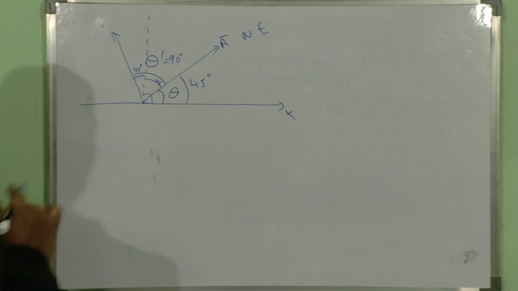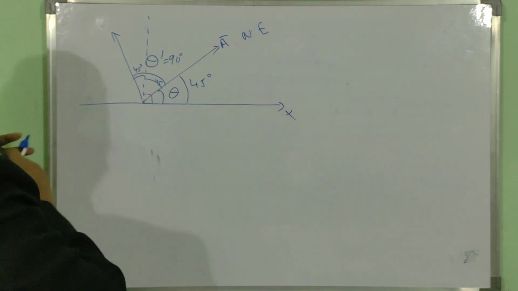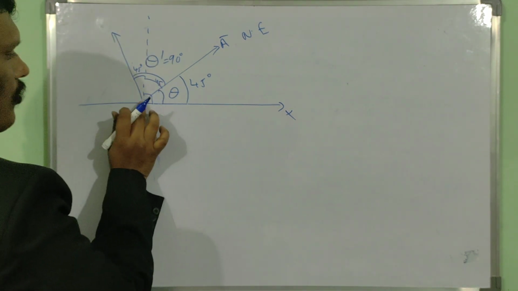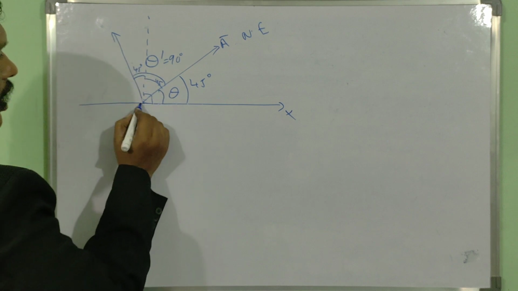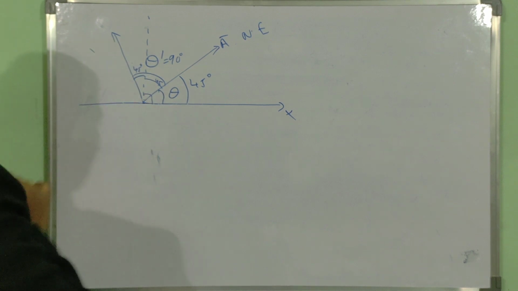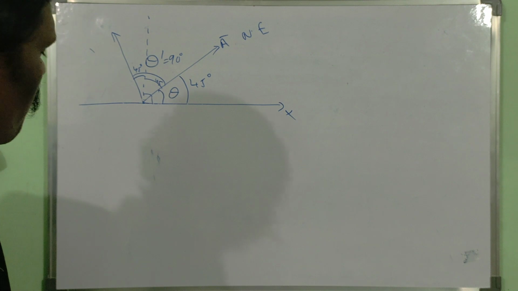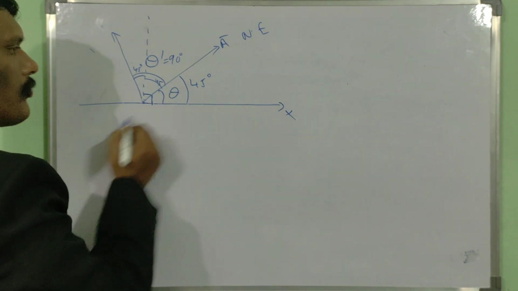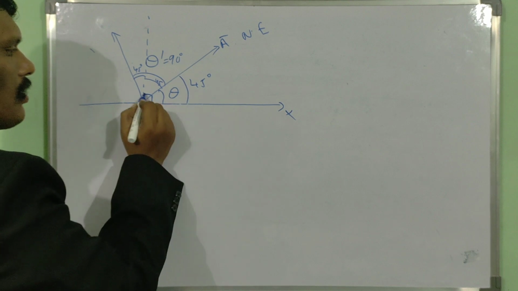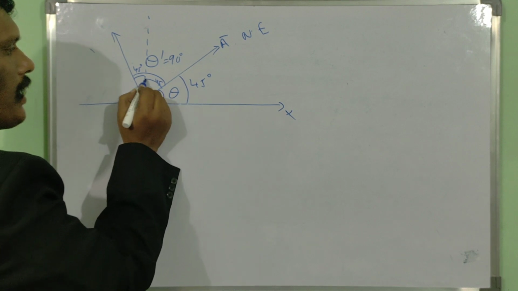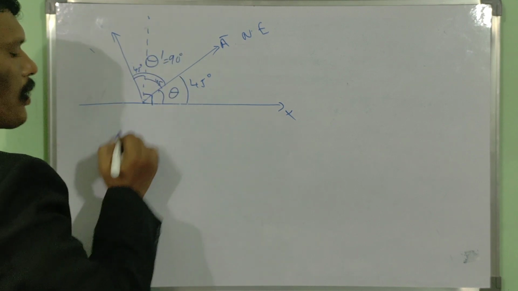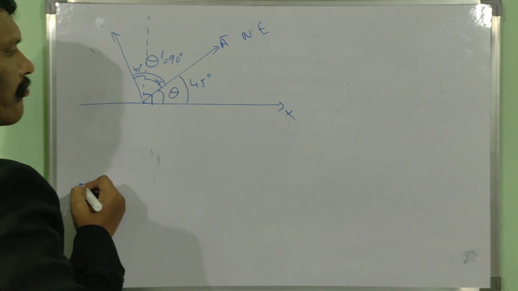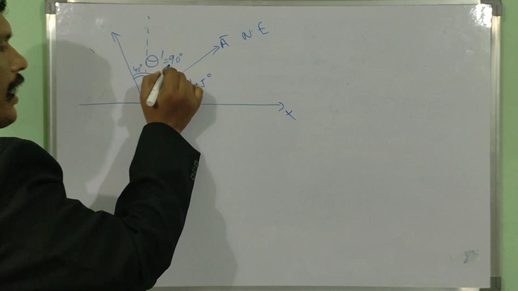If you want, you can increase the angle somewhat in the arrow for clarity. So what happened here? This is 90. Already this is 45, as I said. This is 90, so the remaining angle is 45, because this is perpendicular. Now I consider theta dash as 90 degrees.